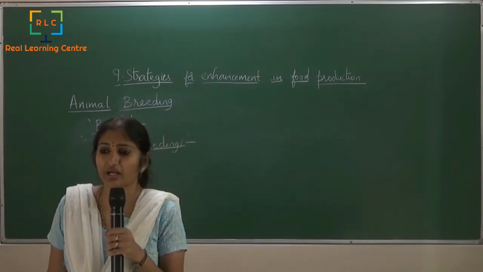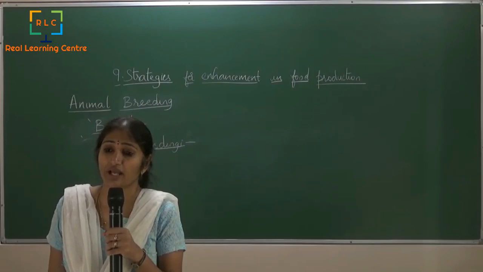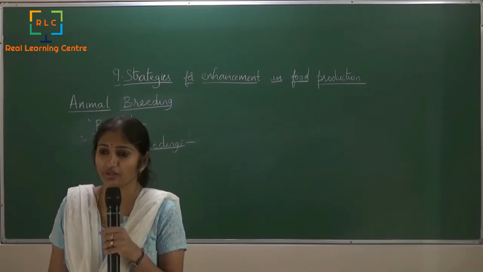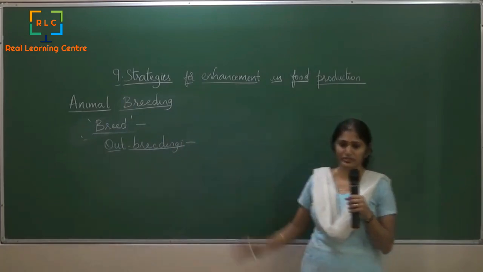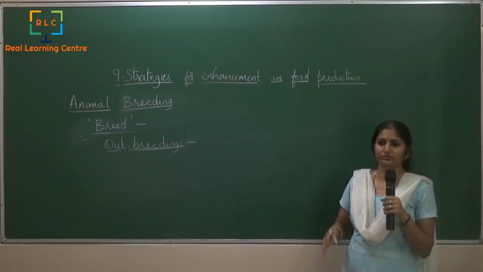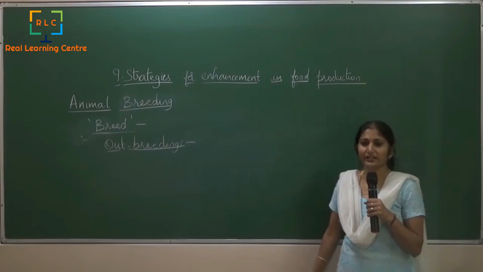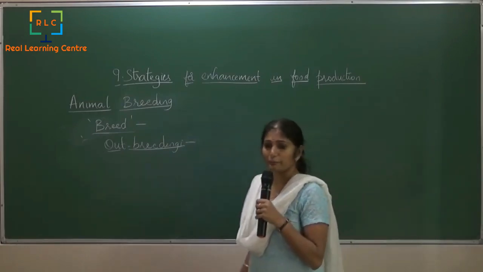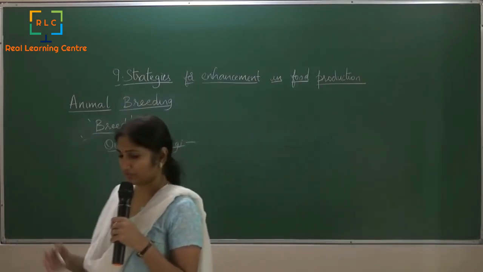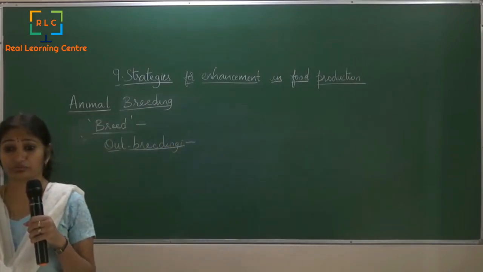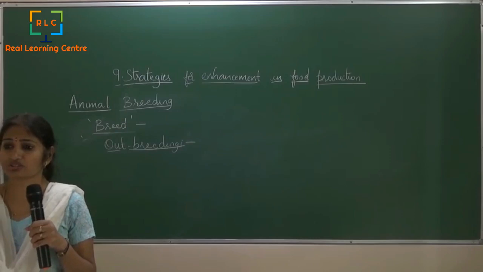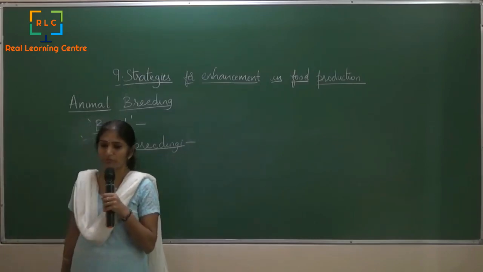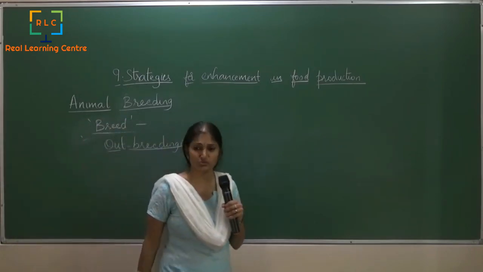Here we are taking unrelated animals. Okay, we are going to take unrelated animals, generally out of the breed. That is what it means. Not the same breed, but a different breed, slightly unrelated animals. Or you see that we have sometimes breeding where we take two different species, or sometimes we go to a place where they belong to different families as well.